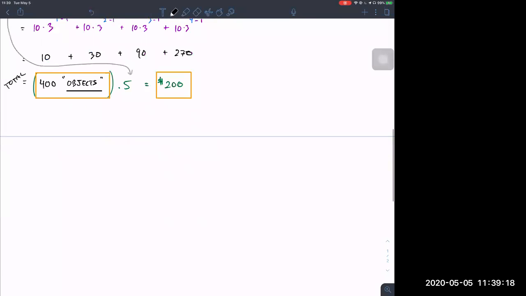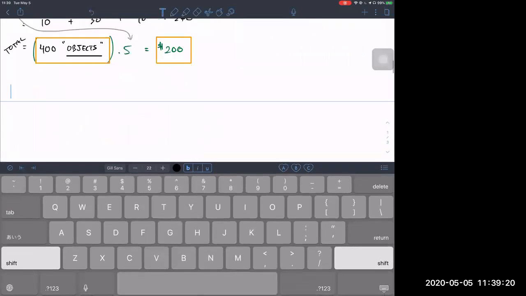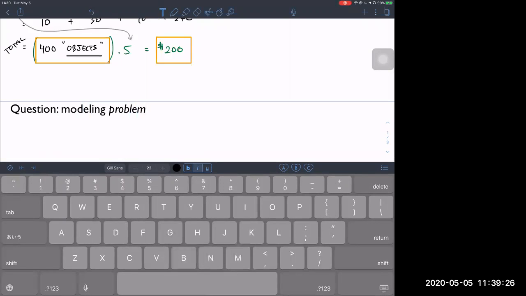And I'll write it here too, so don't worry. So the further question is: modeling problem, italicize, and then my answer to you is page 29, my textbook, example 4.